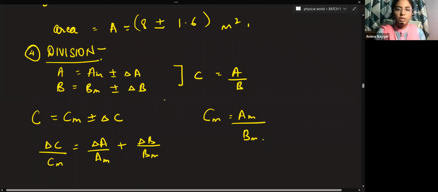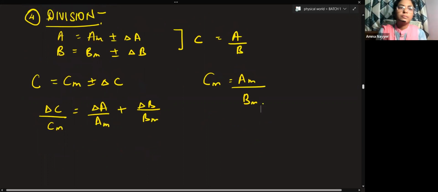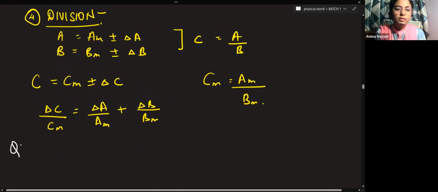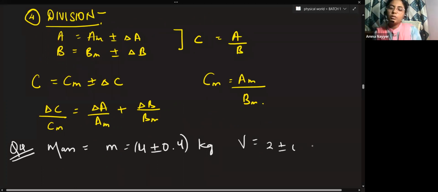So I'm giving you a question. Note down this first and try that question. So that will help in your multiplication and division both. The question says mass is given to you as M is 4 plus minus 0.4 kgs and volume is 2 plus minus 0.2 meter cube.